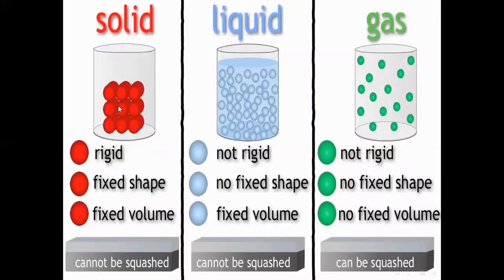In the solid state, the particles are rigid, with fixed shape and fixed volume. In the liquid state, particles are not rigid, with no fixed shape, but fixed volume.